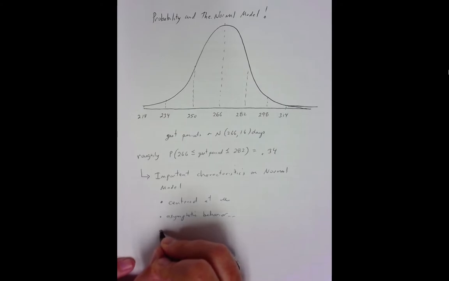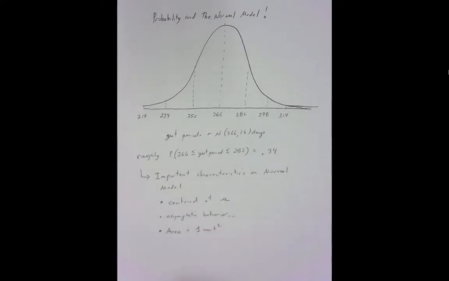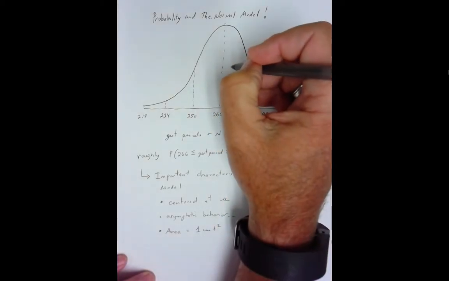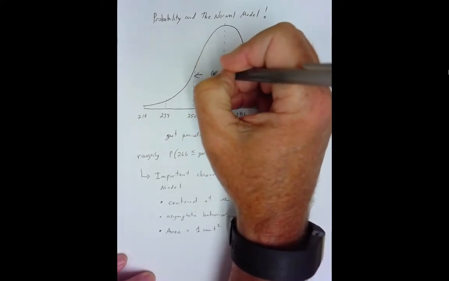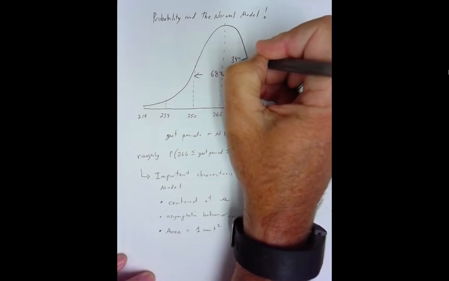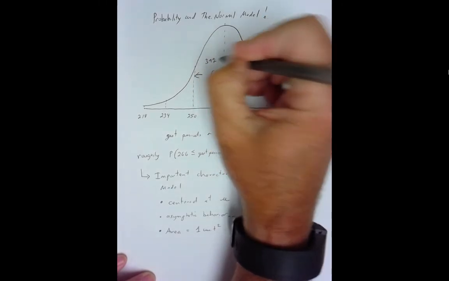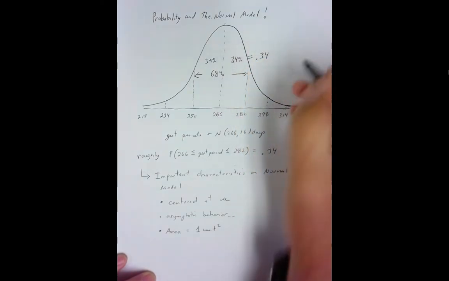But the really important thing is the area under the curve is equal to 1 square unit. So if we think about this area right here, from here to here is 68%, telling me that this is 34% and this is 34%. Well, 34% is equal to 0.34.